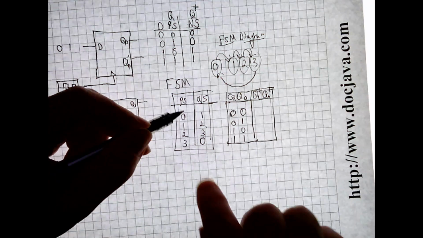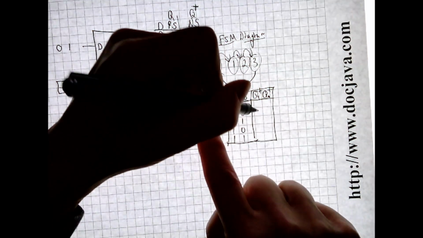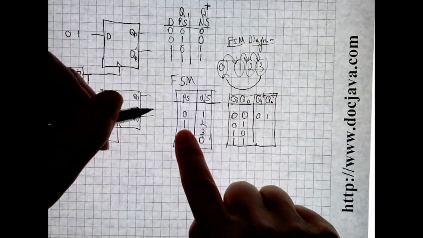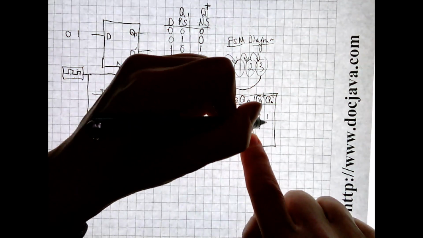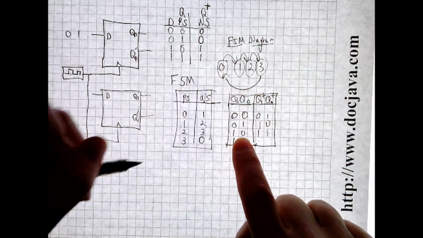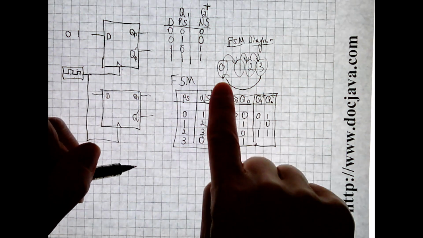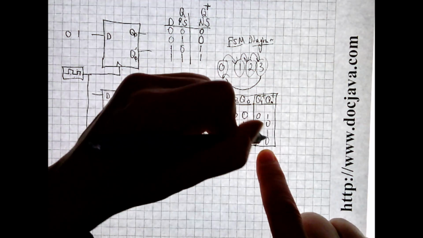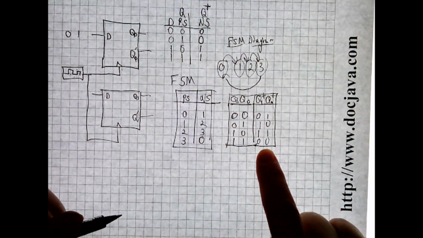We want to go from 0 to 1, so this next state is going to be 1. We want to go from 1 to 2, so the next state is going to be 2. We want to go from 2 to 3, so here's 2, we write out 3. And when we're in 3, we want to go back to the beginning, so we write out 0. How am I doing so far?